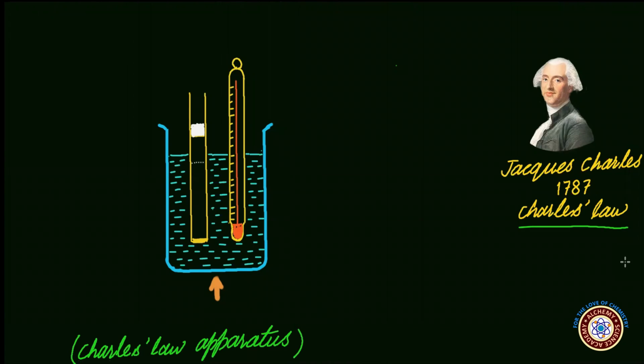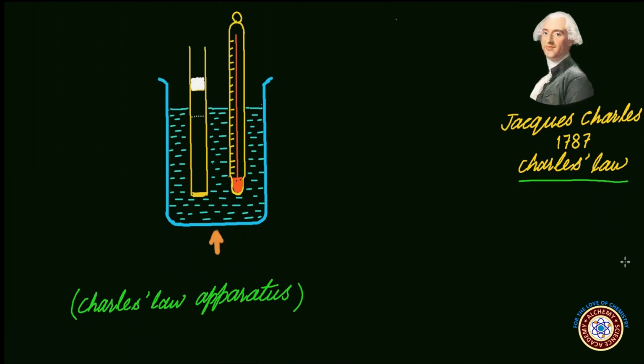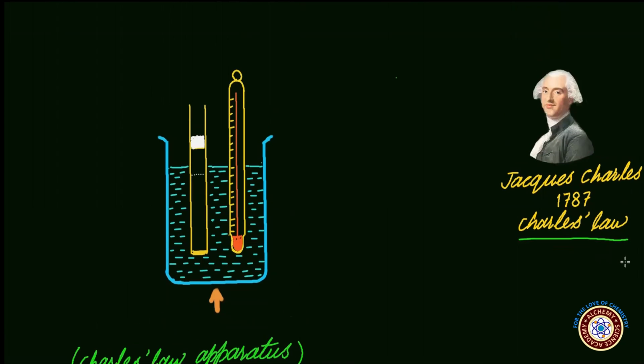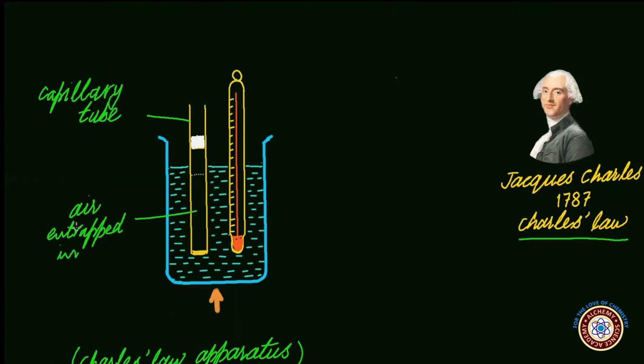Let us look at this figure. It is actually the Charles' law apparatus. Here we can see a capillary tube with a uniform bore. This is the air entrapped with the help of a mercury drop. This end of the capillary tube is sealed. So when a mercury drop is added from the open end of the capillary tube, it entraps some volume of air in it.